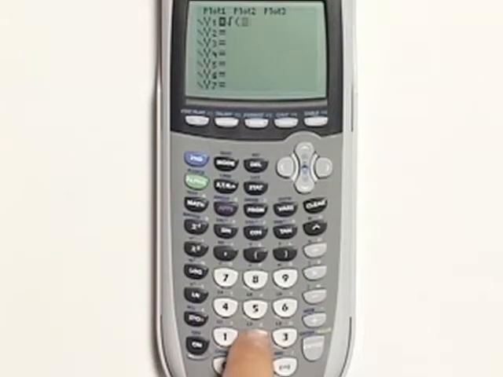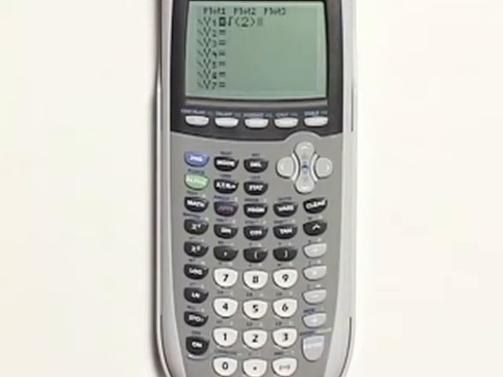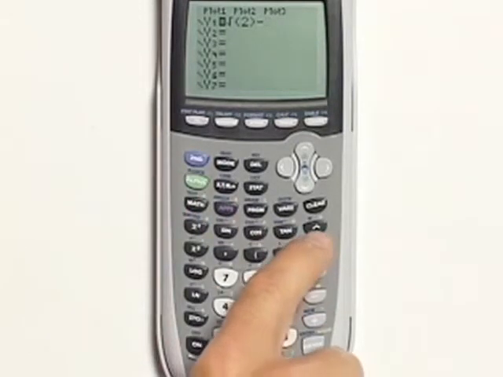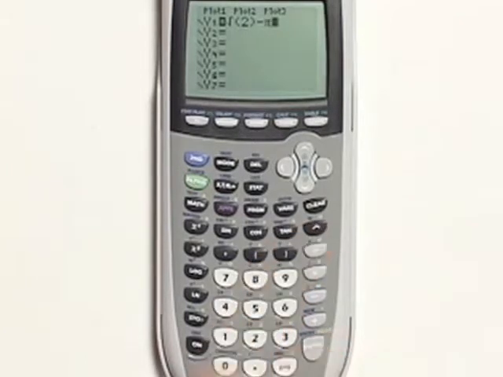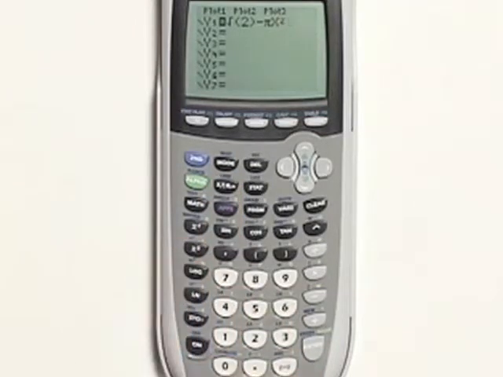We enter in 2 and then press the close parenthesis to show that we just want the square root of only 2. Now we subtract pi. To get pi, we press the second and the pi key, which is shared with the raising the exponent key. So there's our pi. Now we need the x variable, and we need it squared, so we press the squared key, and there's our first equation.